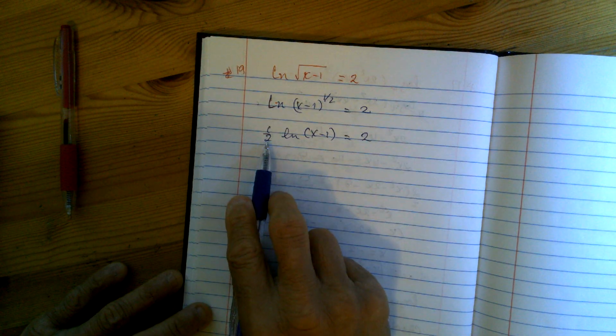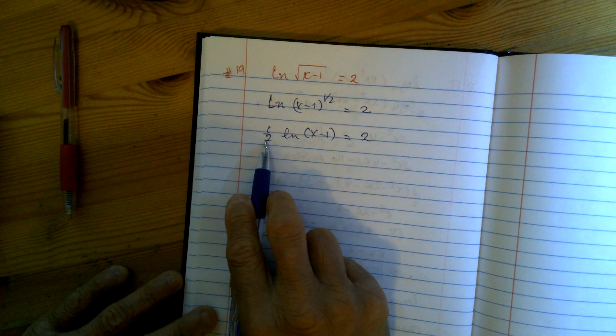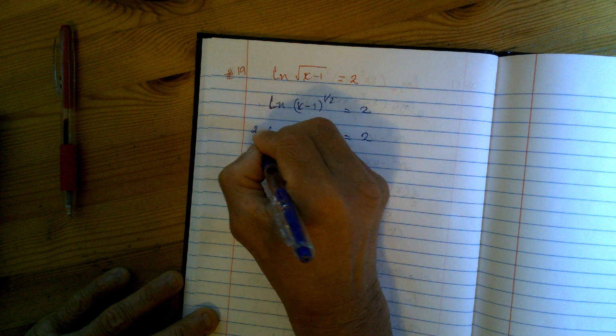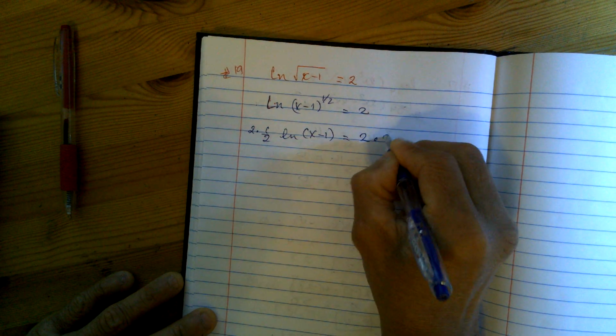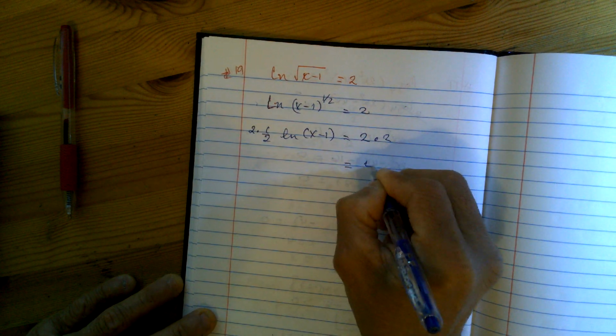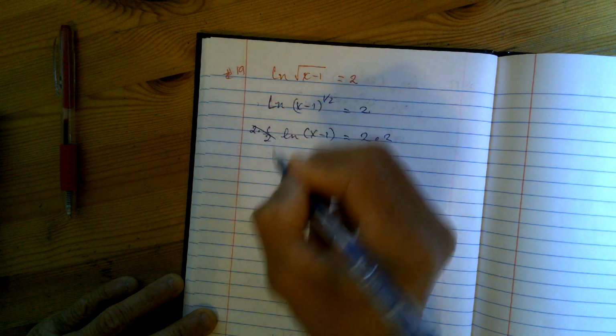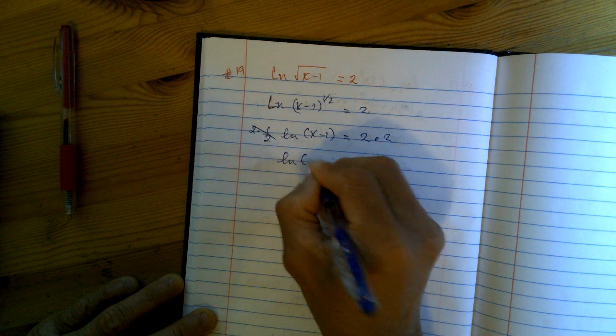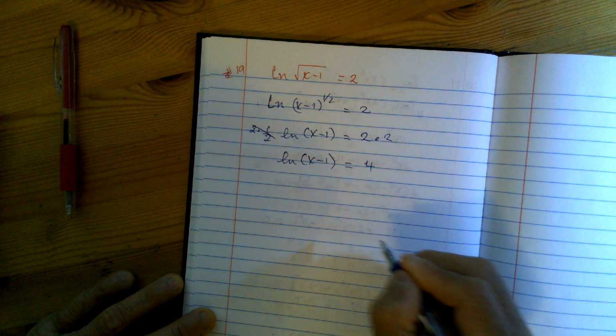Next, I'm going to multiply by 2 on both sides, and that becomes 4. The natural log of x minus 1 equals 4.